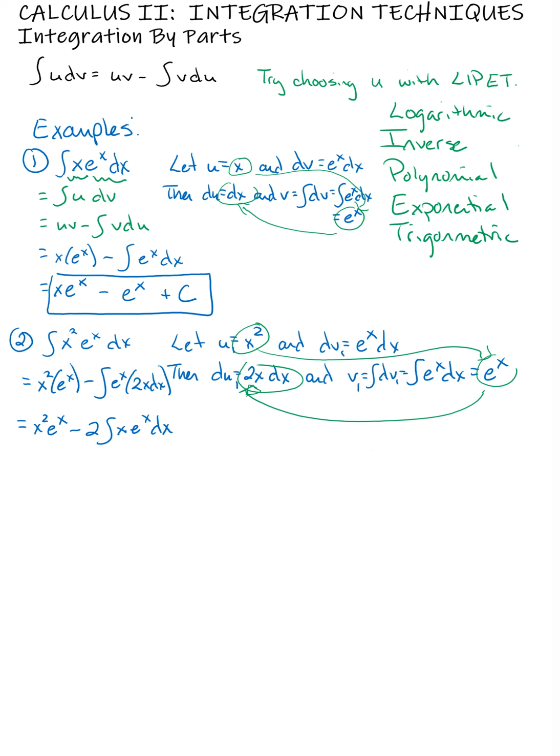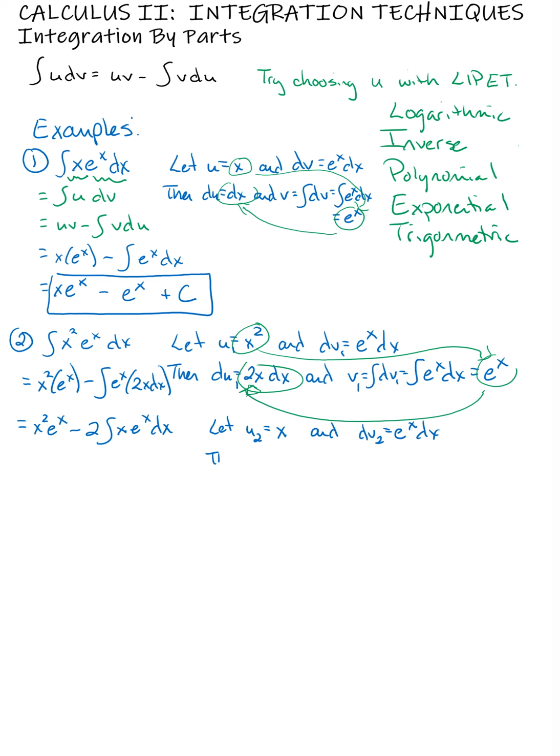And so now let's go ahead and let u2 again be my polynomial part, which is x, and dv2 be what's remaining, e to the x dx. Again, you'll notice part of this becomes u, and everything else, including the dx, becomes part of dv.